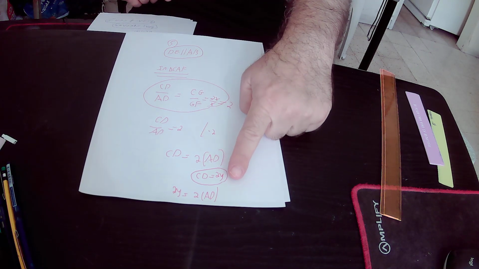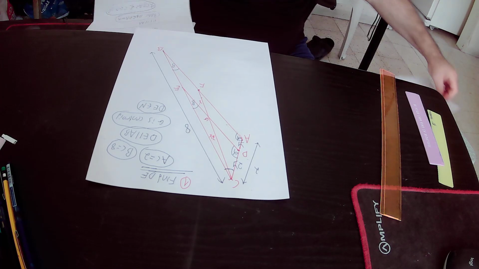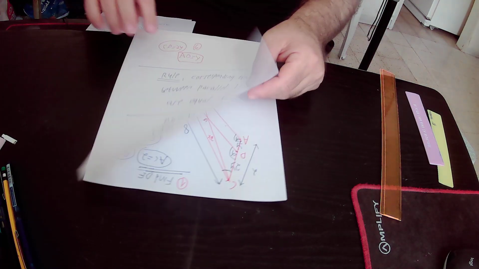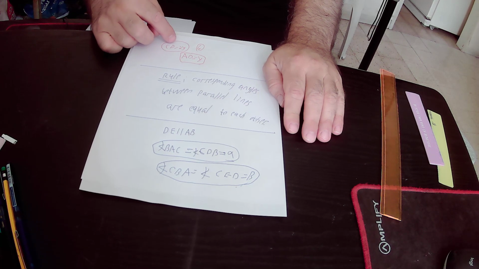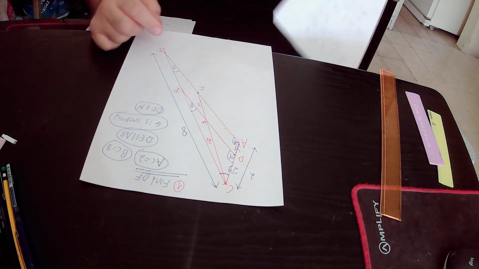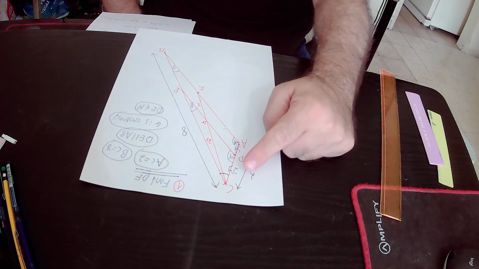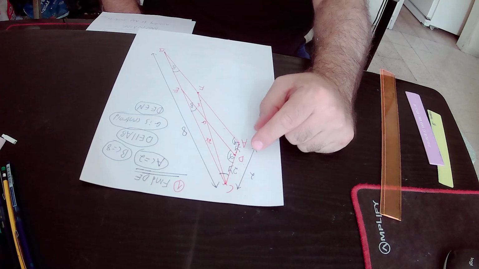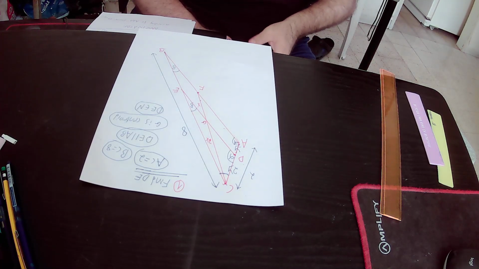Then we divide this equality by 2 and we get that AD equals y. So we actually found out that if CD equals 2y, then AD will be equal to y. Okay?